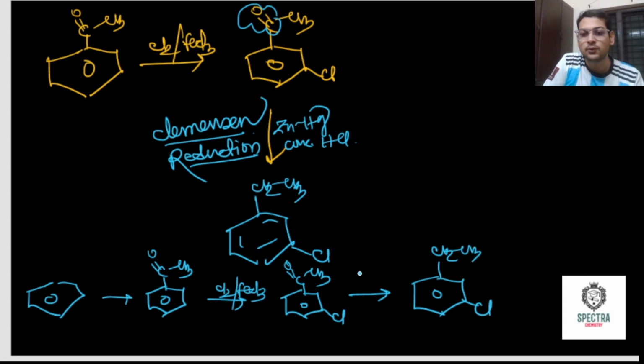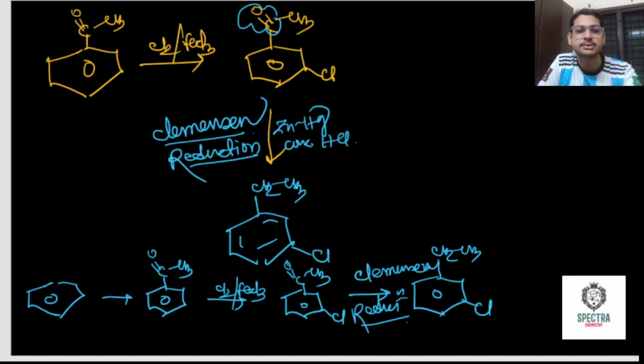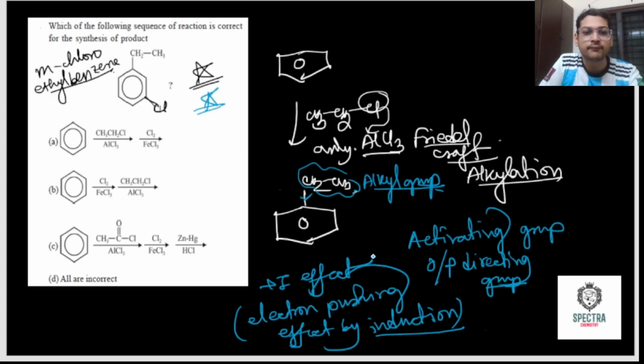And for that, you have to do Clemmensen reduction. Got it? So this is the ultimate process. Is it given? Let me check. Yes, obviously it is given in option C, and that will be your answer.